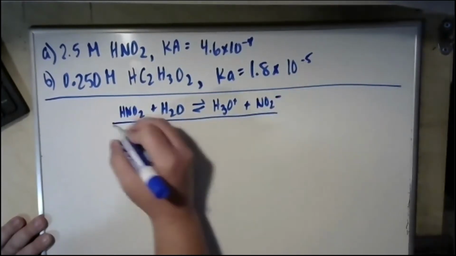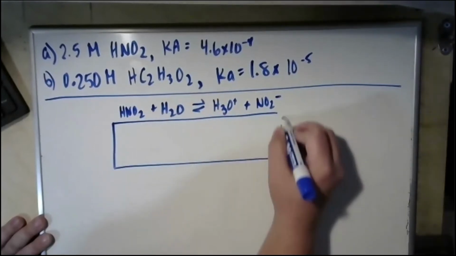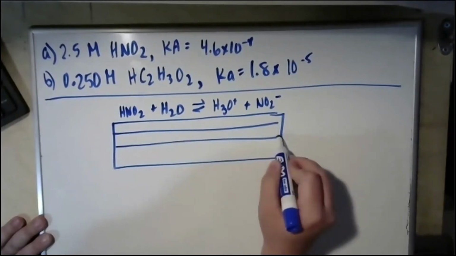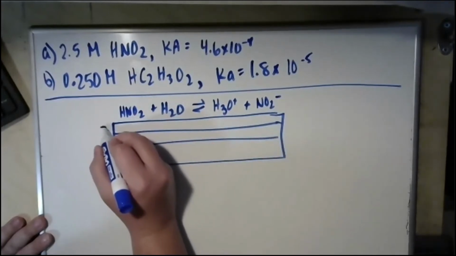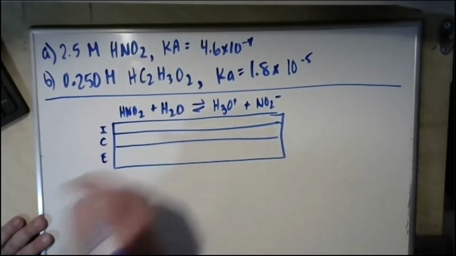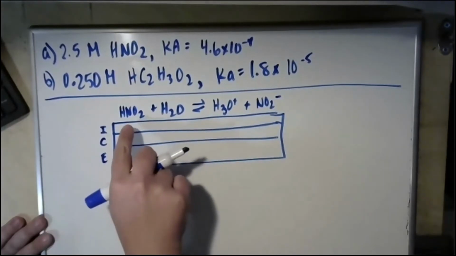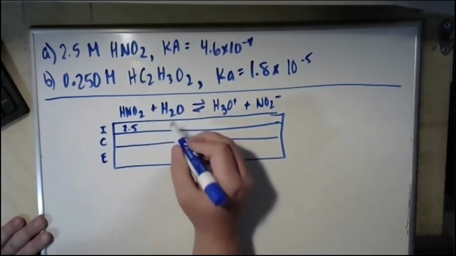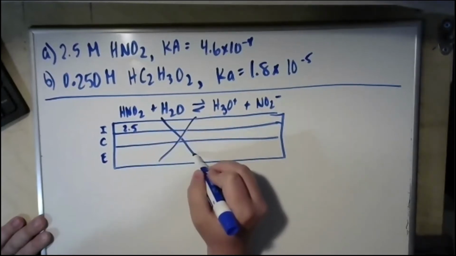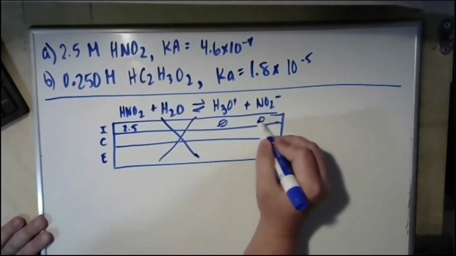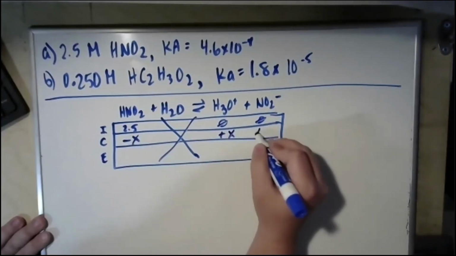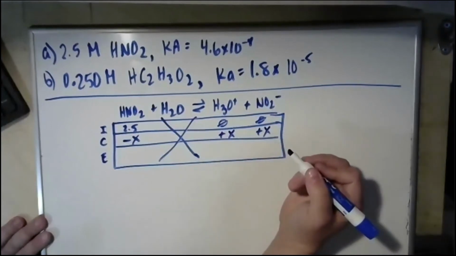And then we're going to make our ICE table. So our initial HNO2 concentration is going to be 2.5 molar. Cross out the water part. These are 0. This is minus X, plus X, plus X.